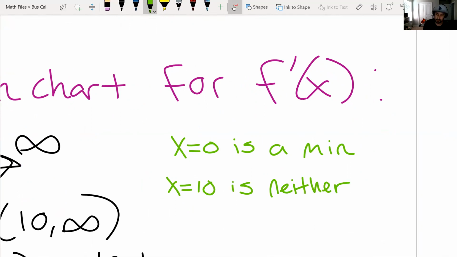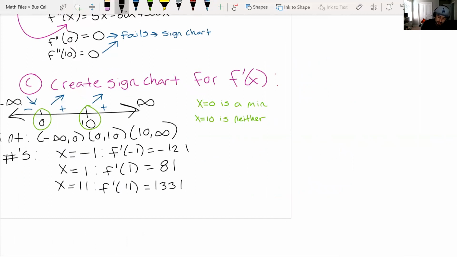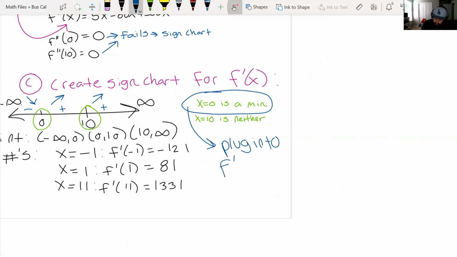Okay, and now if you wanted to find the exact location of your minimum, right? You would take x equals 0 and plug it into the original function. And that one's probably not bad.